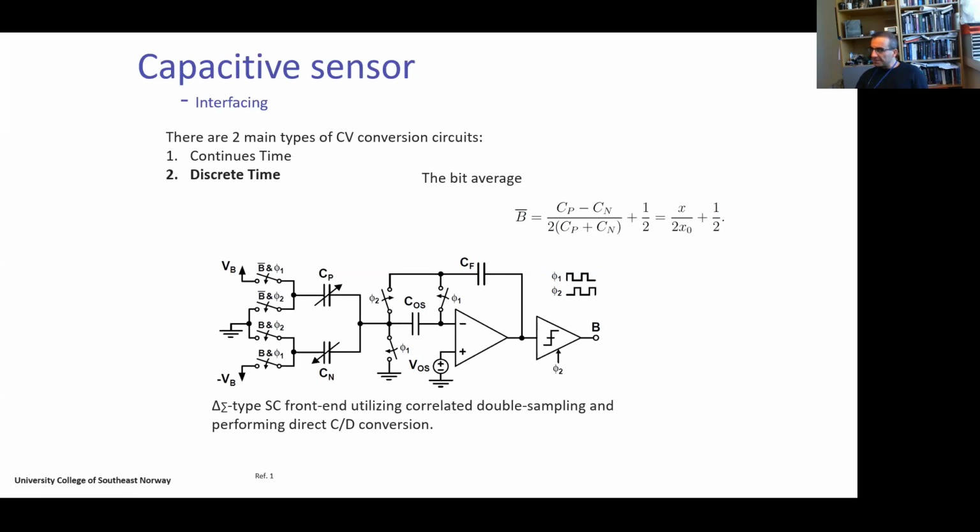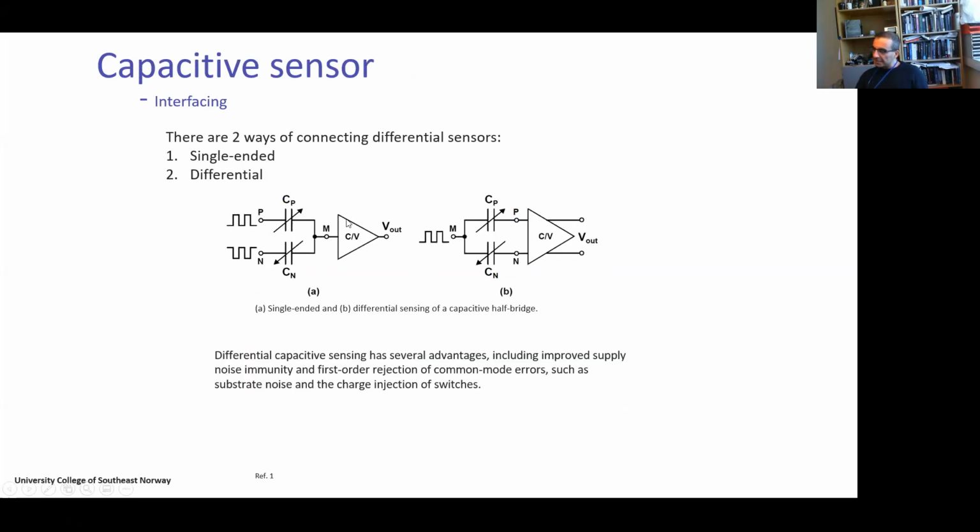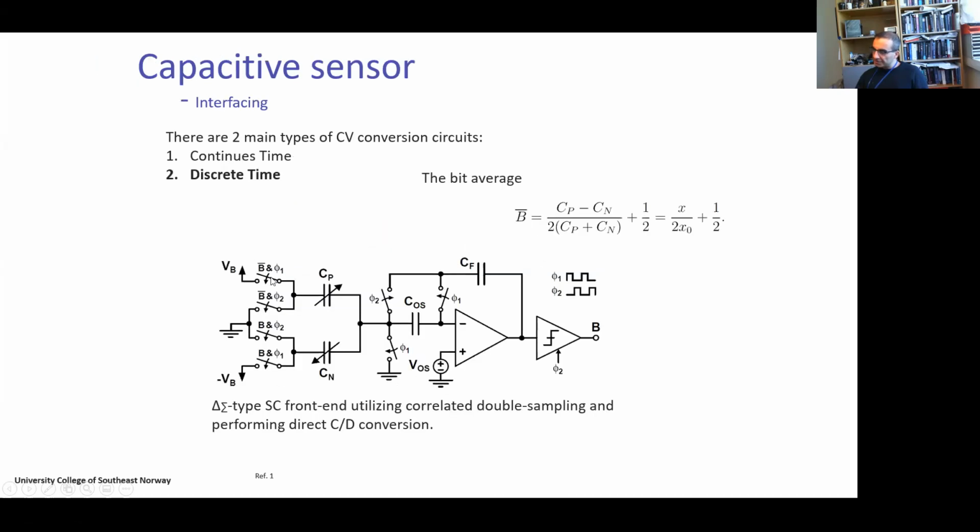So how can we implement them? Basically, the clocks, the pulses can be generated by having switches, which can switch between VDD and ground. Here's an example. I will come back to this one here. This is a delta sigma model of a switch cap. Basically, it has a feedback.